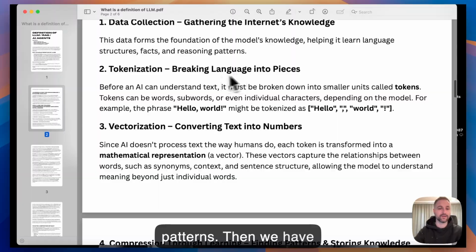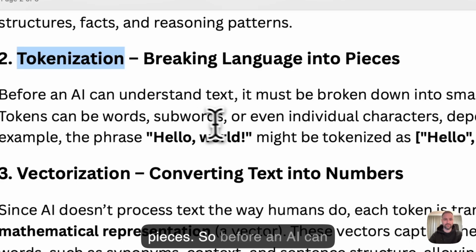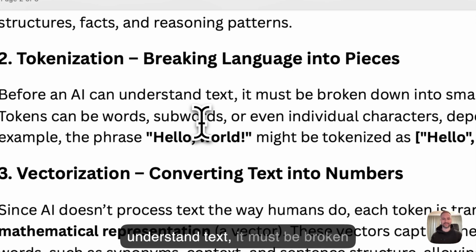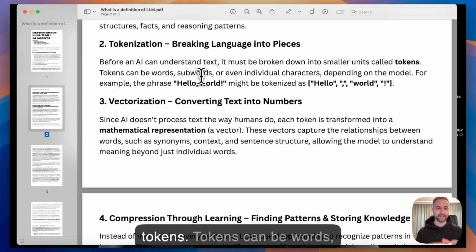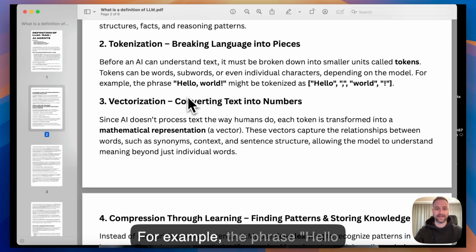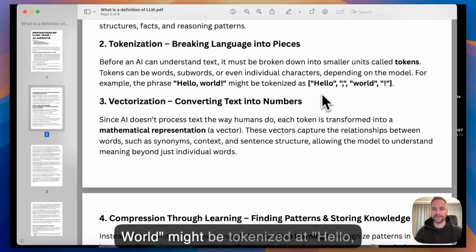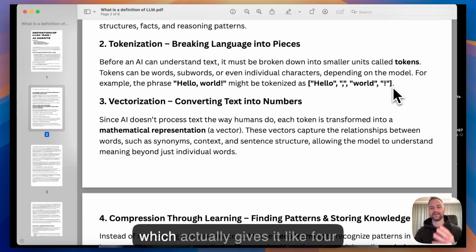Then we have tokenization, breaking language into pieces. Before an AI can understand text, it must be broken down into smaller units called tokens. Tokens can be words, subwords, or even individual characters depending on the model. For example, the phrase "Hello, world!" might be tokenized as hello, comma, world, exclamation mark, which actually gives it 4 tokens.